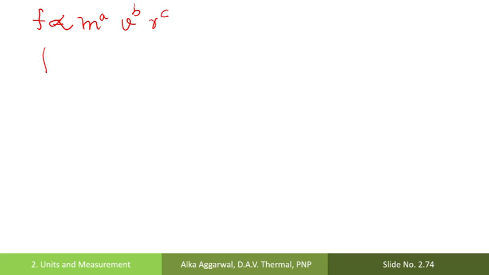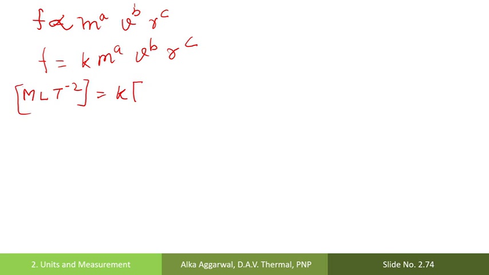Dimensional formula, it can be written in this way. Now replace the force by its dimensional formula, and the dimensional formula for the force is MLT^-2. K is a dimensionless constant.